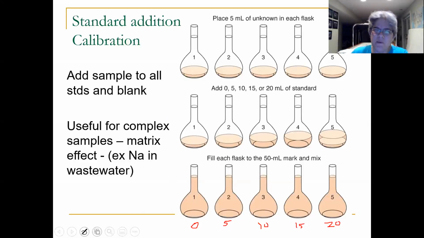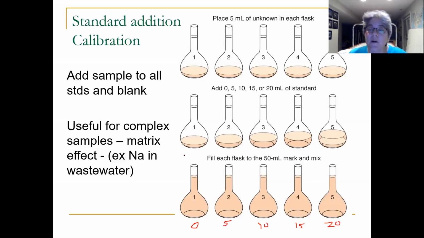Now, why would we do this? Well, remember, your sample has this matrix that's causing problems. So I'm going to add that matrix to every standard and to the blank. So now these will all behave the same way. Now everything behaves the same way.